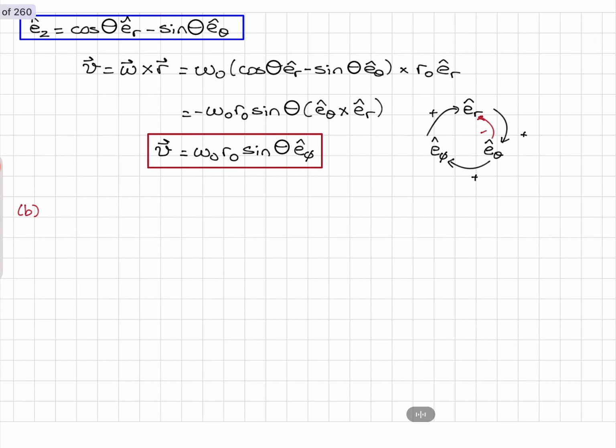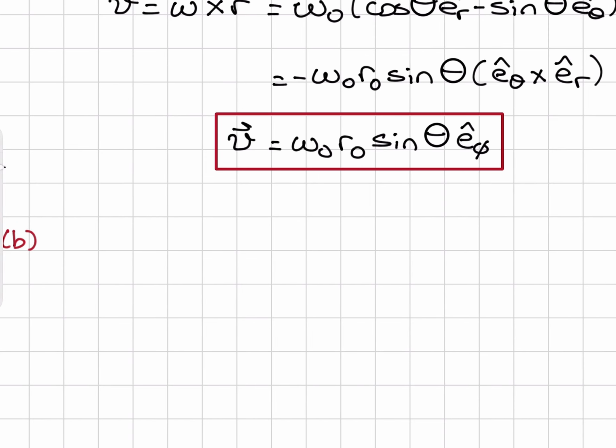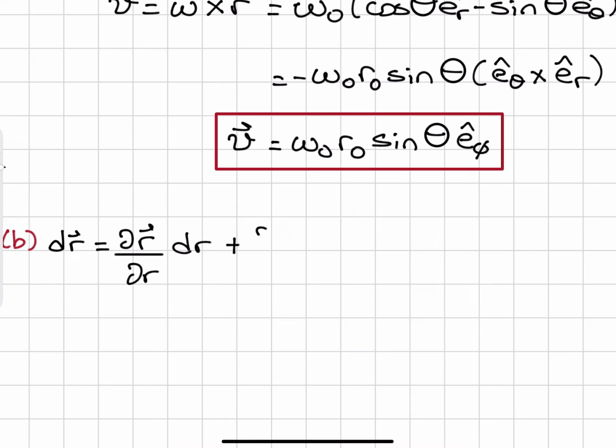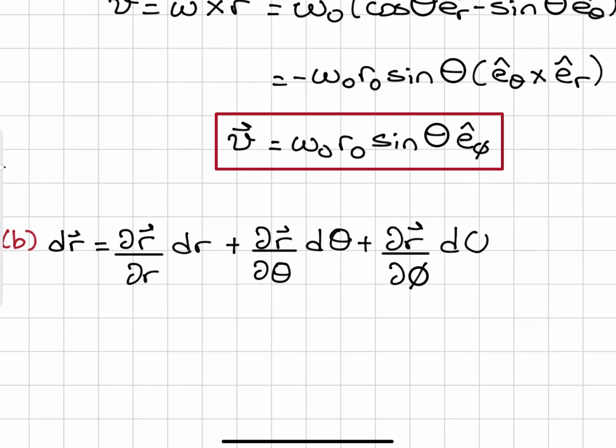So I have to find what dr is, first of all, in spherical coordinates. Now dr, r is now a function of r, theta, and phi, is del r del r dr plus del r del theta d theta plus del r del phi d phi.